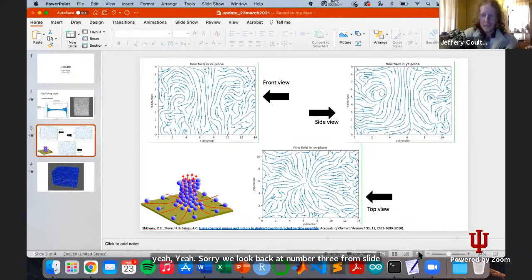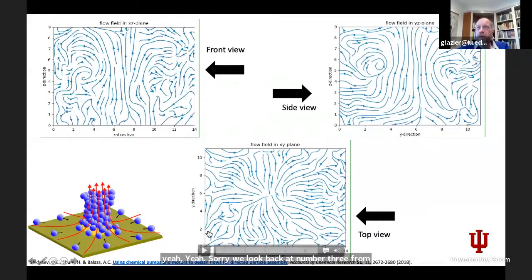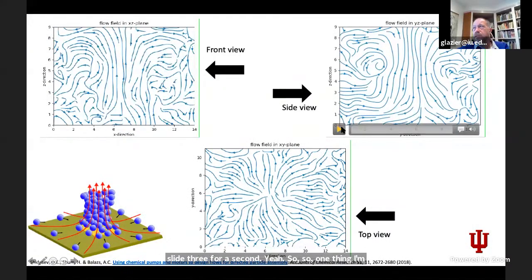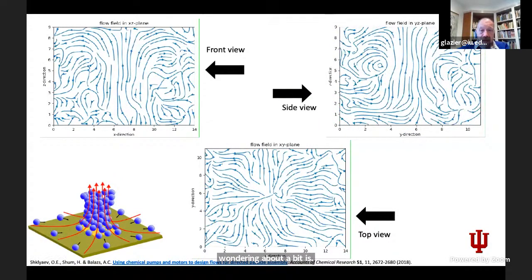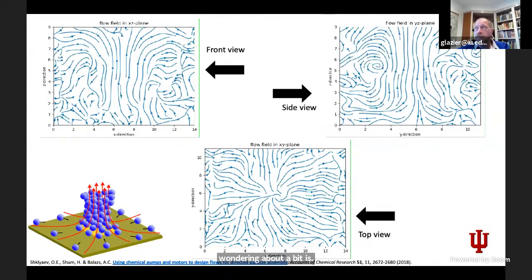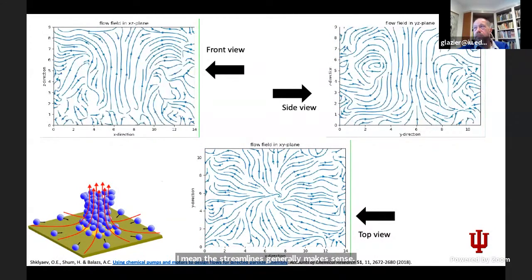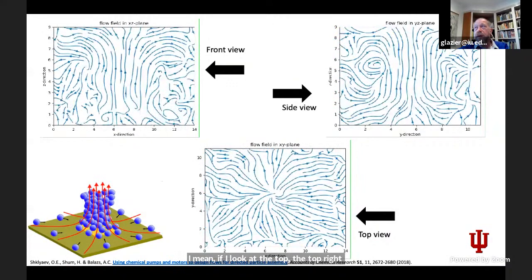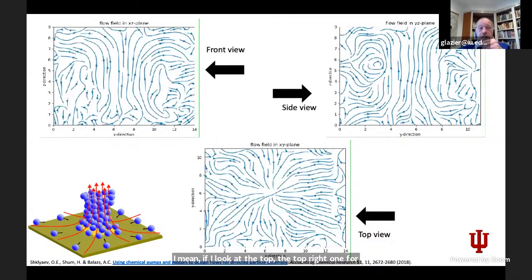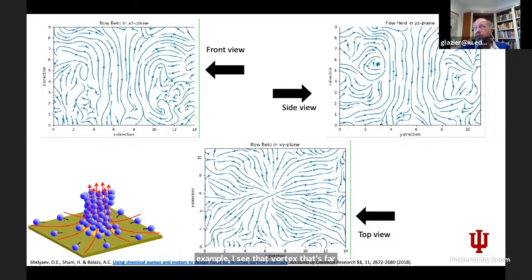Yeah. So one thing I'm wondering about a bit is, the streamlines generally make sense, but if I look at the top right one, for example, I see that vortex that's forming in the convective cell.